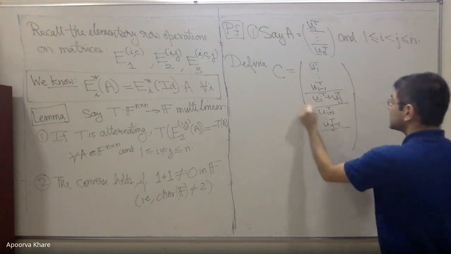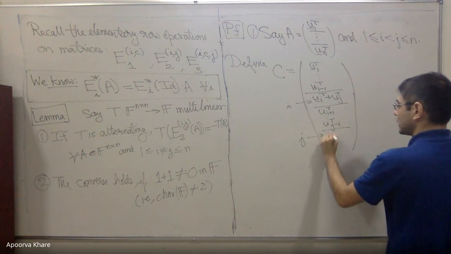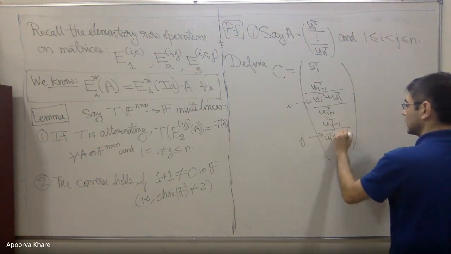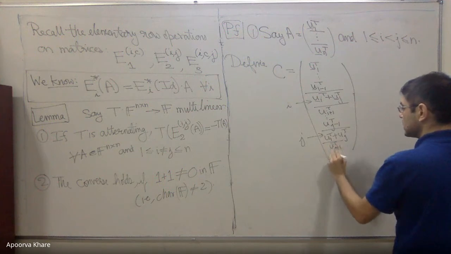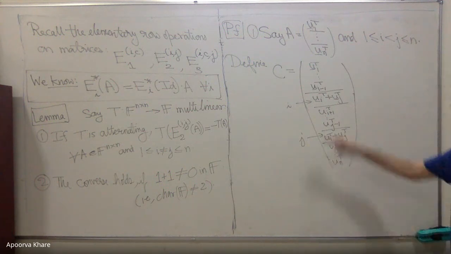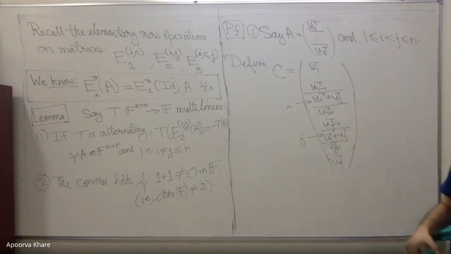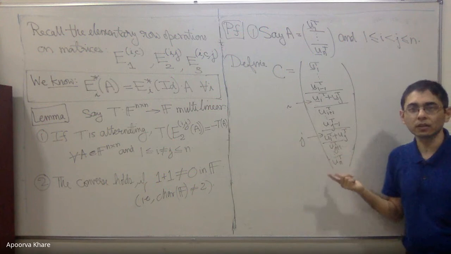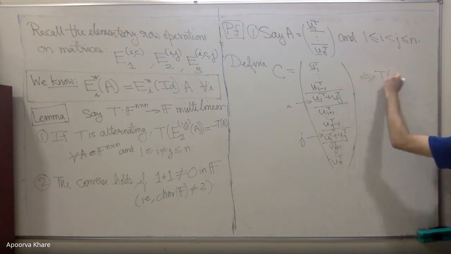And once again in the jth place, I again put Ui transpose plus Uj transpose. Again now U(j+1) transpose till Un transpose. So every other row is fine, except I put Ui transpose plus Uj transpose in both. Therefore clearly C has two identical rows, so the value of T at C is 0.